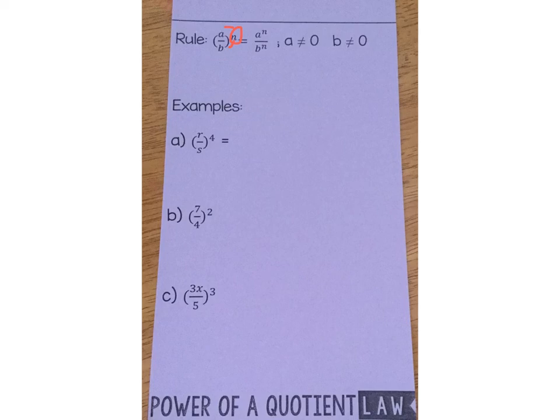Like example 1, you have r, and that's going to be to the 4th power. Let me fix that. So r to the 4th power over s to the 4th power. And the bases are different, so we cannot combine. We're done. Same concept here.